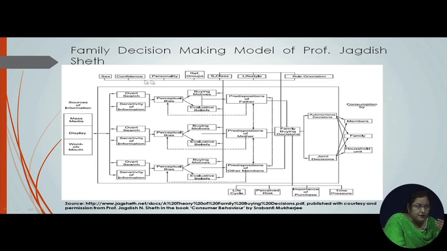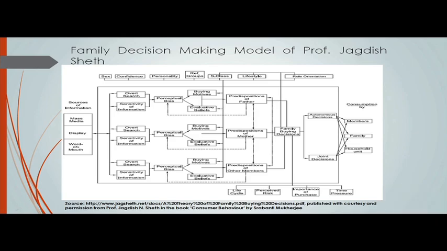Now, this also depends on certain interpersonal factors, like gender, since some of the decisions are really female decisions, and the level of confidence of each of the family members. If I am not confident about buying a laptop, to evaluate a laptop, I will ask my father or my brother for their expert opinion.